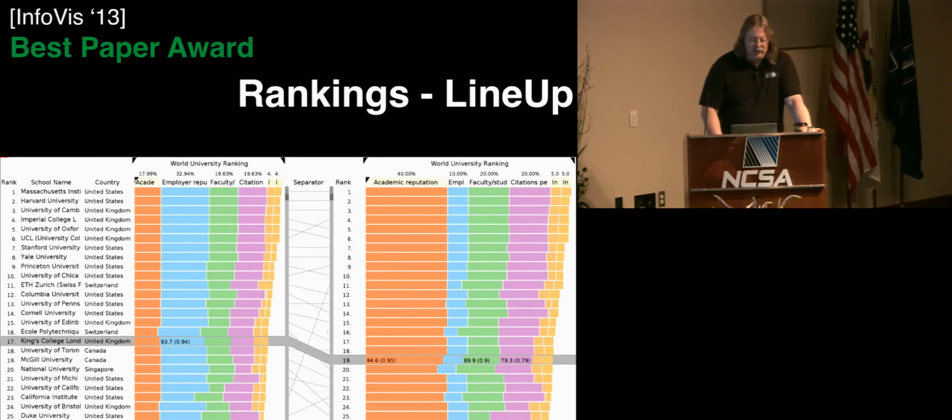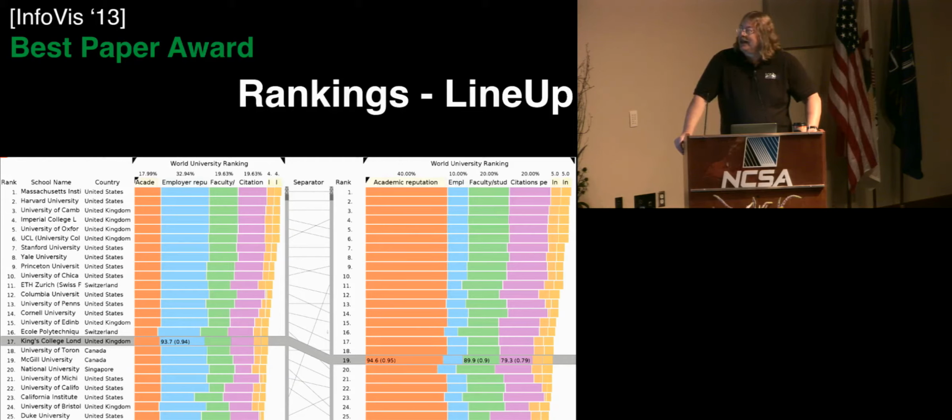So, just a quick view. Another of Alex's works, which won the best paper award at the Information Visualization Conference a couple of years ago, is on rankings. We all see these US News rankings of various departments and universities, which to many of us academicians really is frustrating. What Alex and his team did was create a system by which you could decide what was important to you amongst the schools.